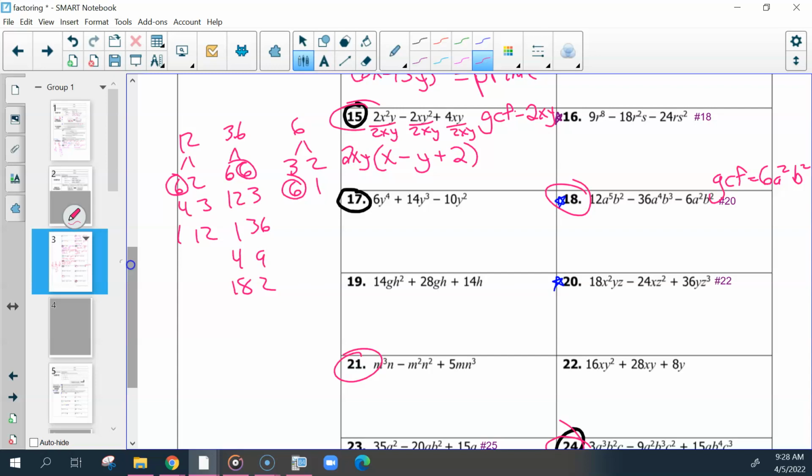Divide each of these things by 6a squared b squared. Again, you don't have to write this, but if you do that, a to the 5th b squared divided by 6a squared b squared would be what?